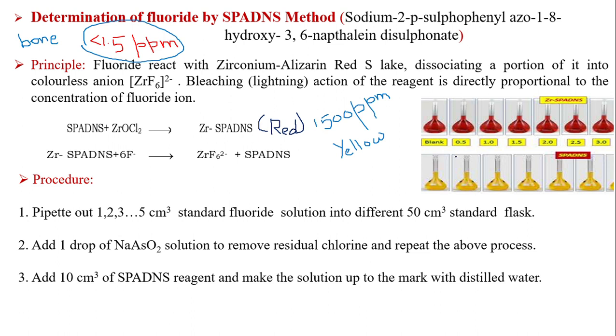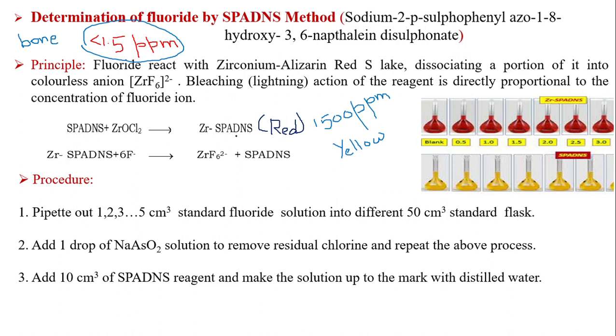To this, different concentrations of fluoride will be added: 0.5 ppm, 1 ppm, 1.5 ppm, 2 ppm, 2.5 ppm, 3.0 ppm. Like this, different concentrations of fluoride are added. When the fluoride is mixed with this, the fluoride ion present in the solution bleaches the color of the ZR-SPADNS.